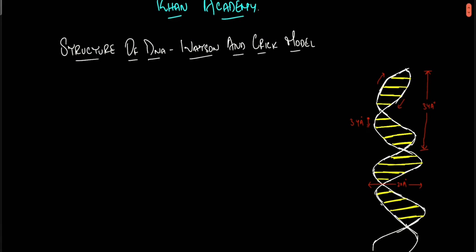As we know, DNA is the polymer of nucleotides. DNA as well as RNA, both are nucleic acids, and nucleic acids consist of nucleotides. There are two terms that you might have heard, nucleoside and nucleotide.